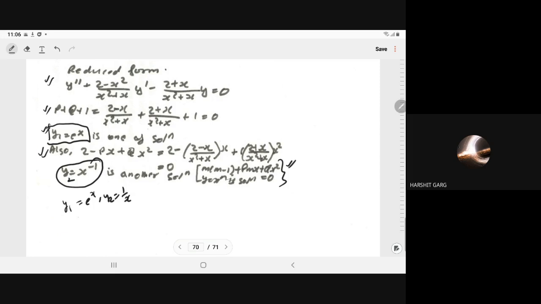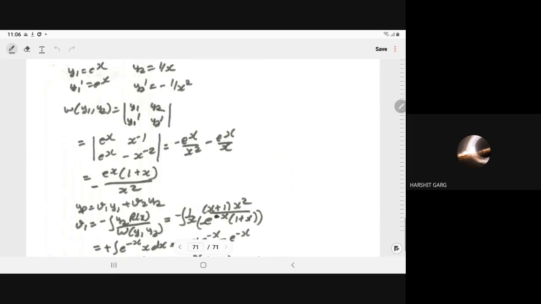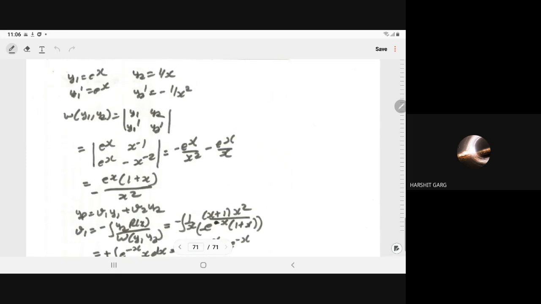Whenever you compute the solution by inspection, always check whether they are linearly independent or not. For that purpose, we compute the Wronskian. Here y1 = e^x, y2 = 1/x, so y1' = e^x and y2' = -1/x^2. The Wronskian of y1, y2 is the determinant with rows y1, y2 and y1', y2', so we have e^x, 1/x, e^x, -1/x^2.